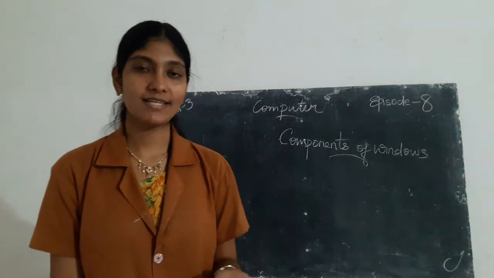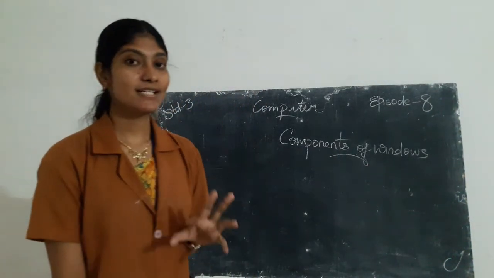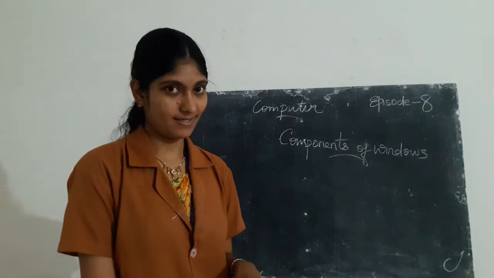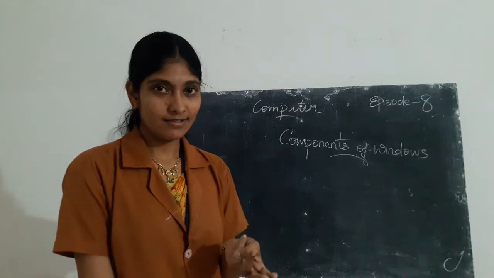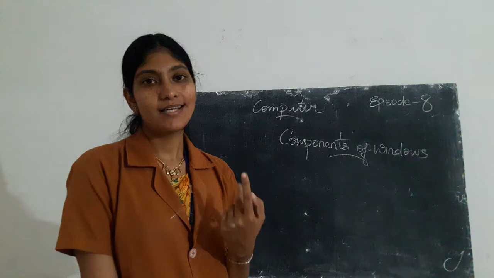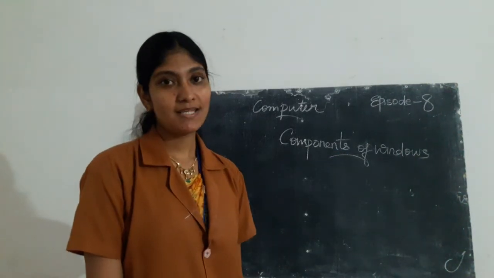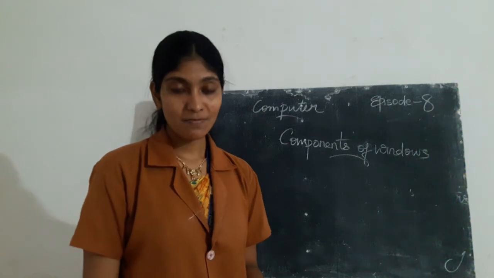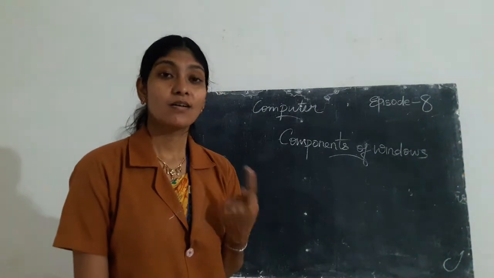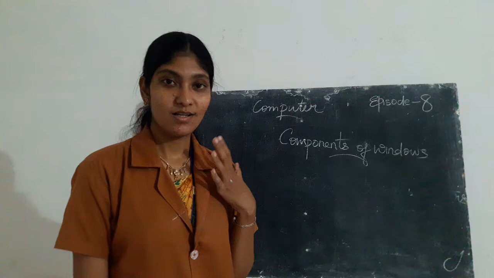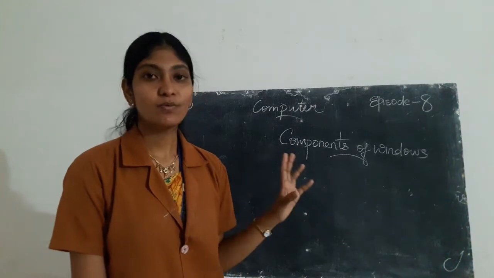Components of windows means the parts of a window, not the taskbar, icons, start button, etc. Here it contains the title bar, maximize button, restore button, etc. So let's discuss one by one.